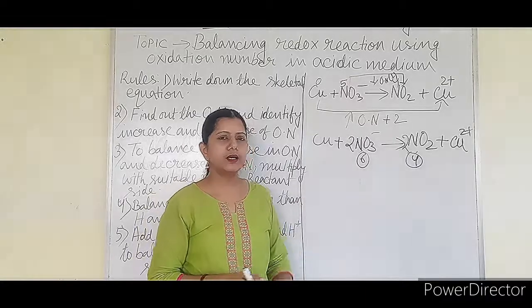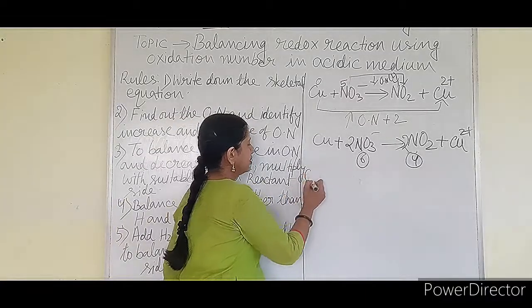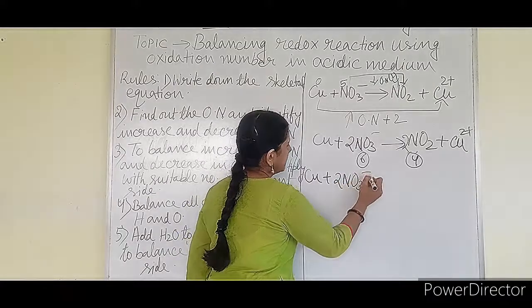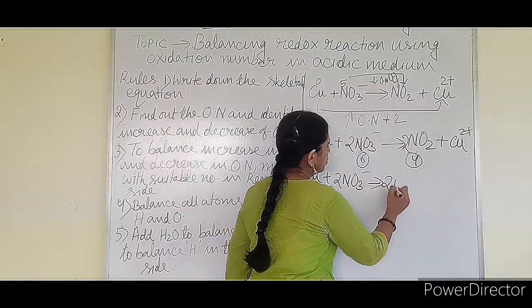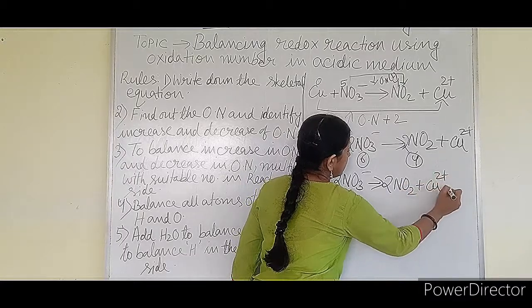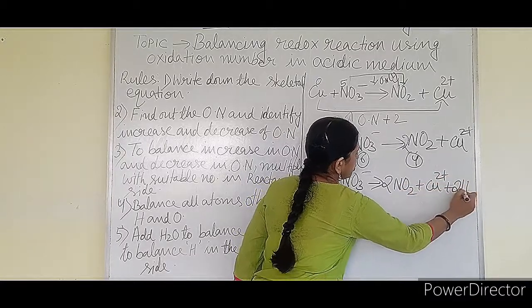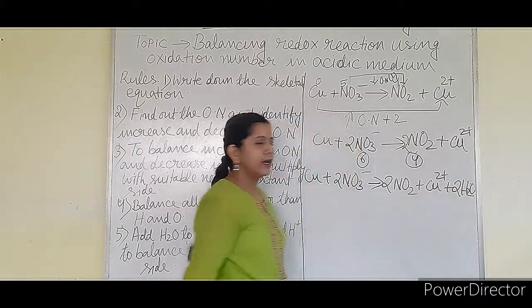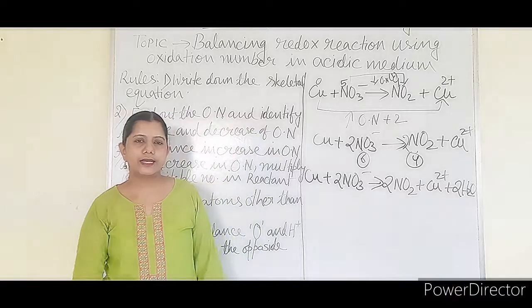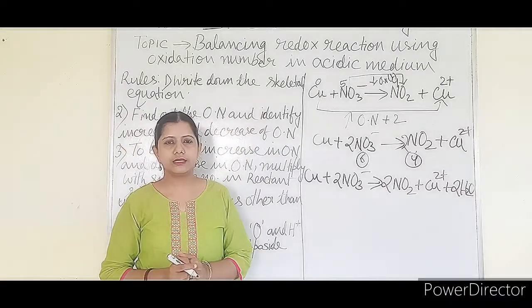Okay, so what is my equation? My equation is changing to Cu plus 2NO3 negative, product is 2NO2 plus Cu2 positive plus 2H2O. Okay, I have added 2 water molecules in the product side to balance the number of oxygen.